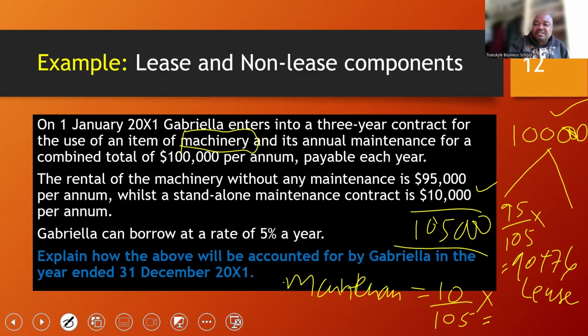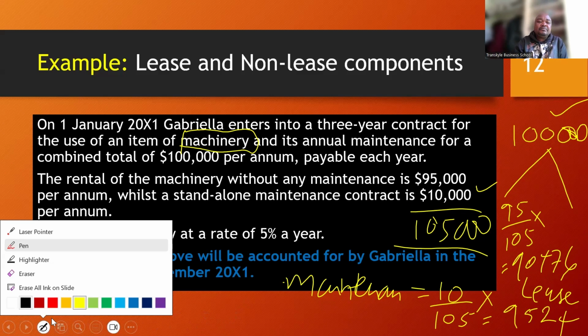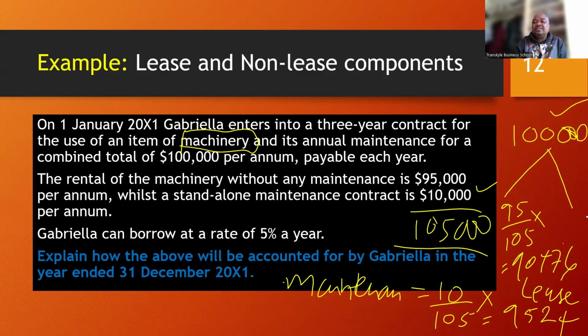That's 9,524. If you add these two figures, they should add up to 100,000. If you come up with the 100,000, then you can tell yourself that you have answered that question correctly. Just cross-check. They add up to 100,000.